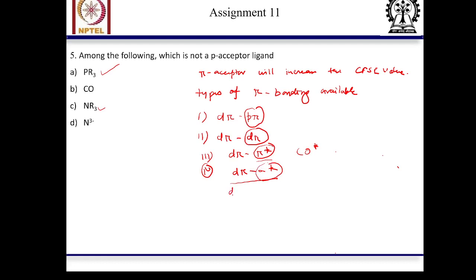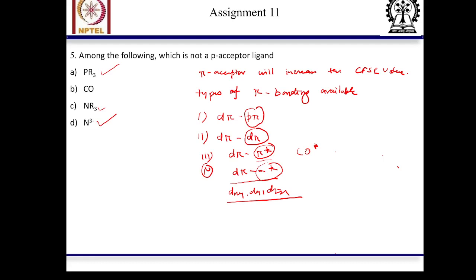D pi is basically your dxy, dyz, and dzx, right? But N3 minus doesn't have such symmetry, which can form a pi bonding with metal d orbital.